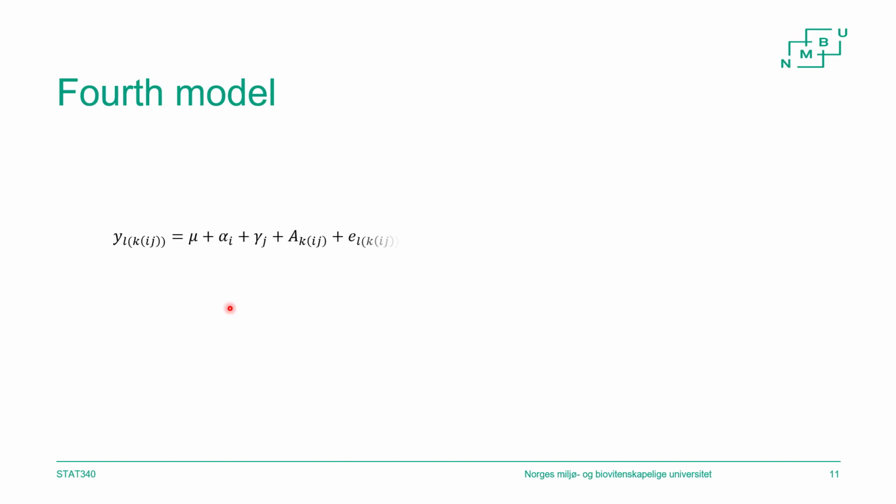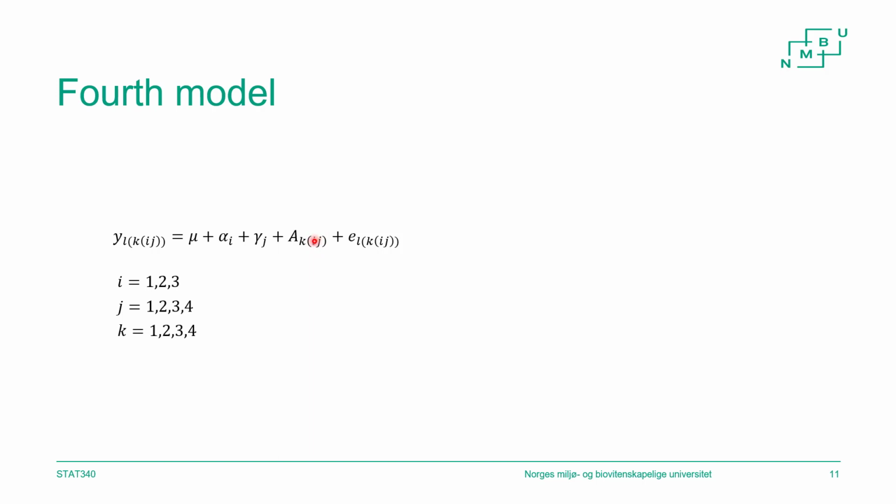So the fourth model becomes this one, where we now add this effect of box as a random effect. We again have the 3 treatments, the 4 families, and now we also have the 4 boxes, which are nested inside each combination of treatment and family.